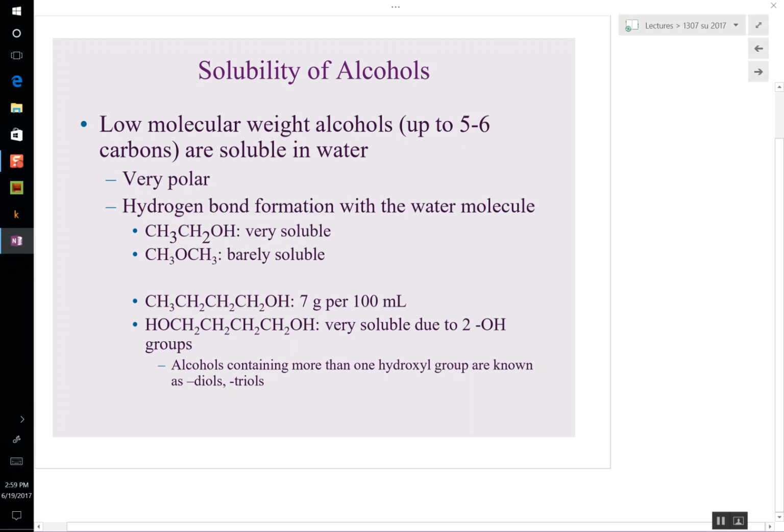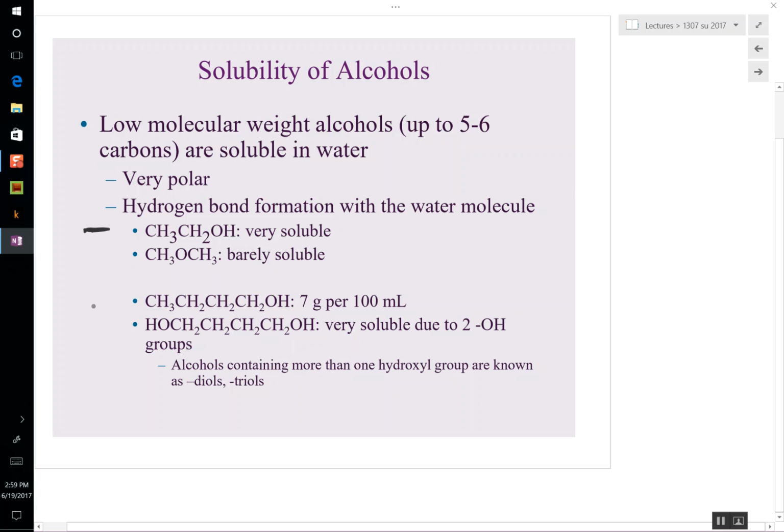It impacts water solubility, soluble in water, and it impacts boiling point. Okay, let's take this understanding a little bit further.